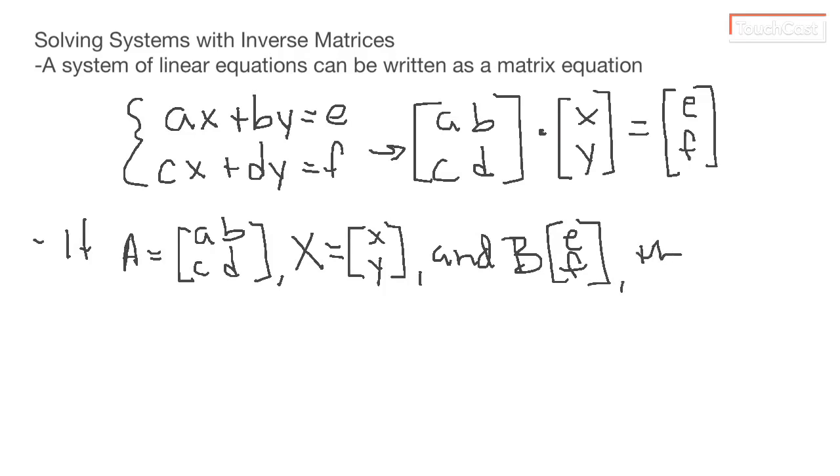We can then say that A times X is equal to B. Matrix A times matrix X is equal to matrix B.